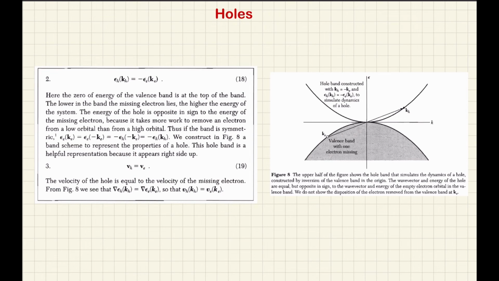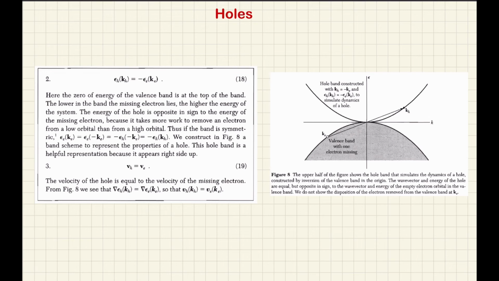Now you can see here the creation of a hole in the valence band and an electron in the conduction band. Suppose you have an electron with Ke which is moved to the conduction band. It leaves a hole here, which will have wave number minus Ke.